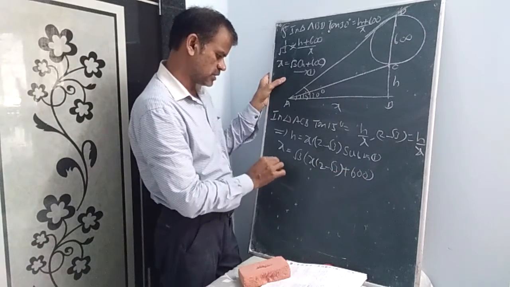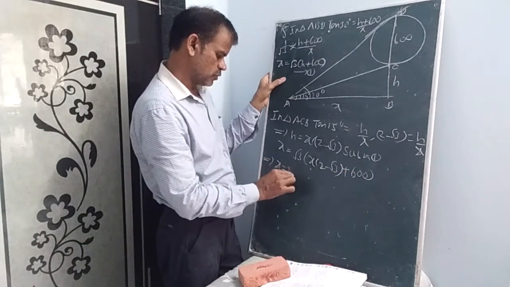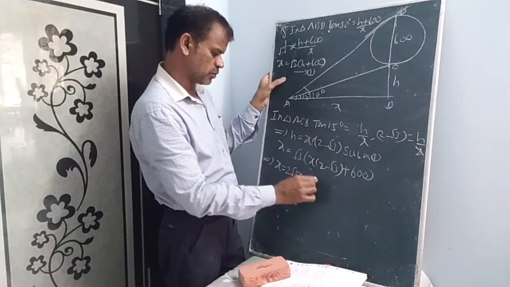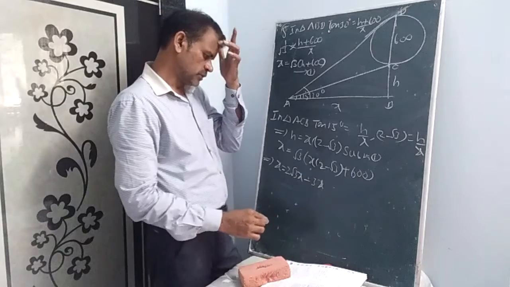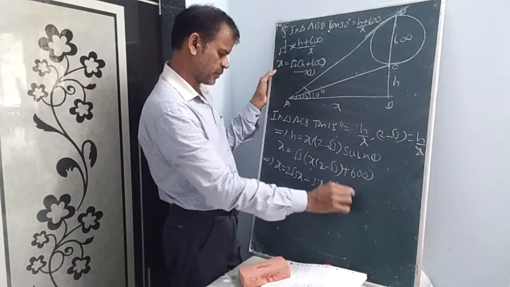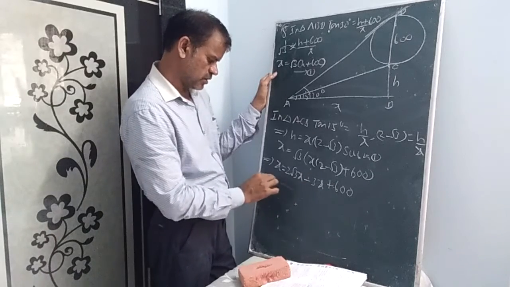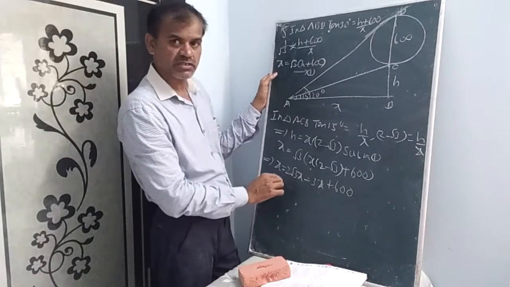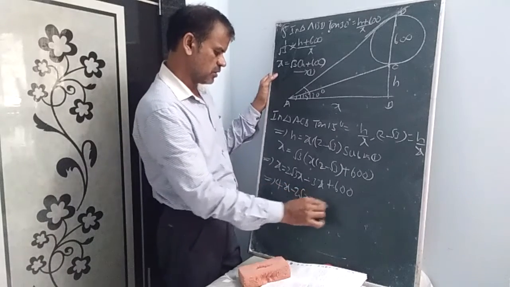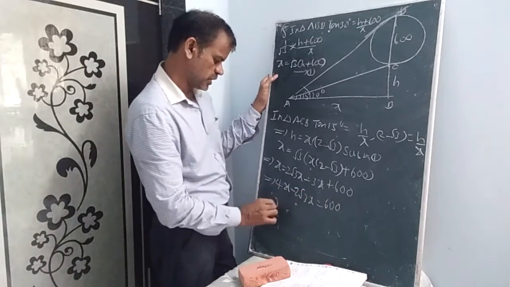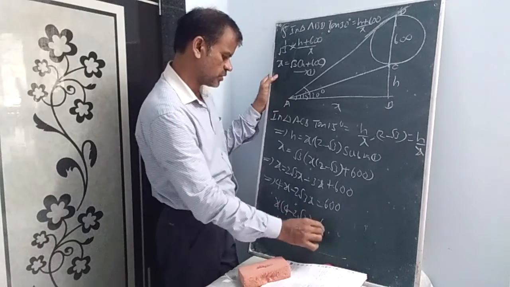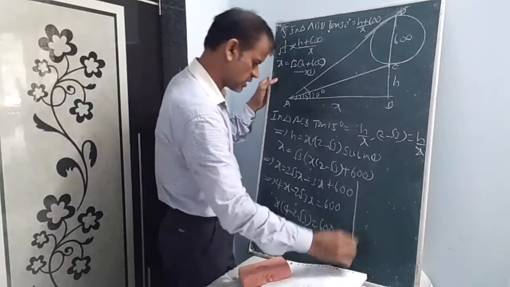So X is equal to 2 root 3 X minus root 3 into root 3, that is 3X, plus 600. Taking X aside, this becomes minus 3X plus X, 4X. 4X minus 2 root 3 X is equal to 600. Taking X common, we can write X into 4 minus 2 root 3 equal to 600.